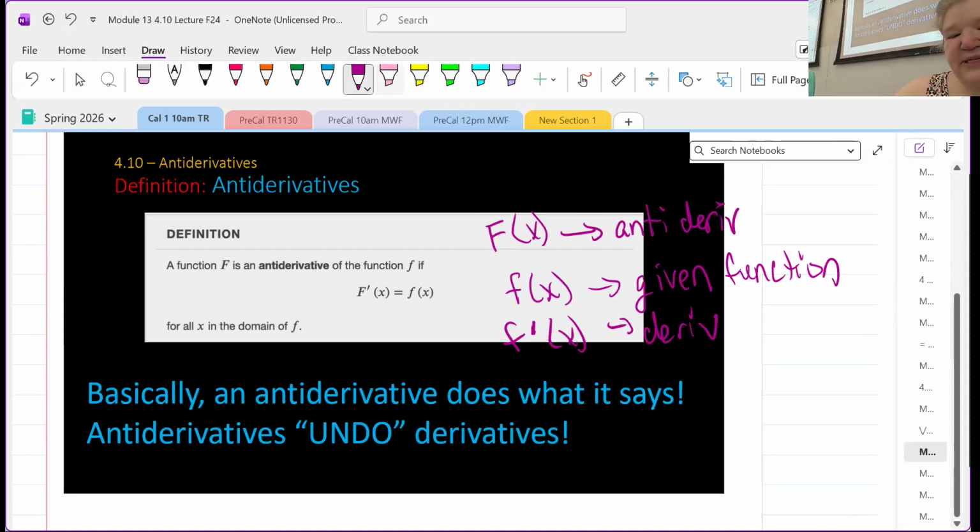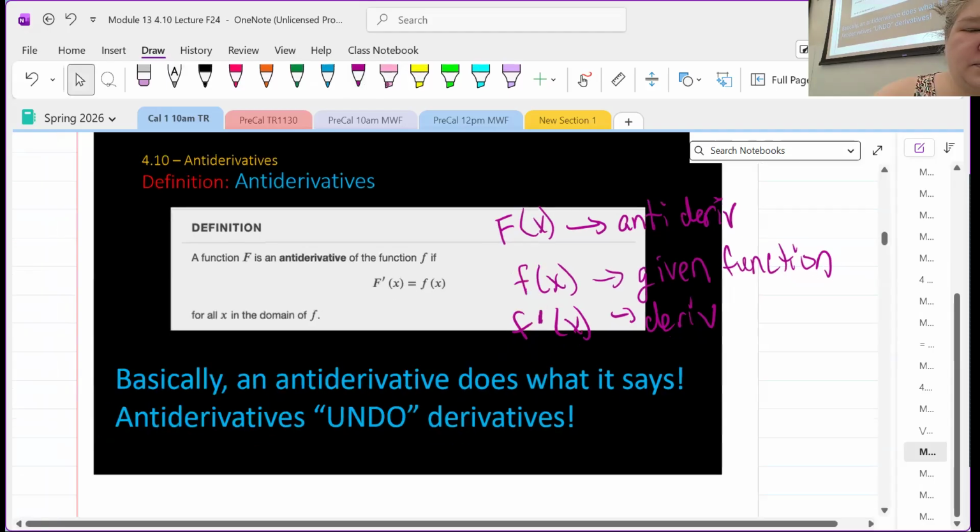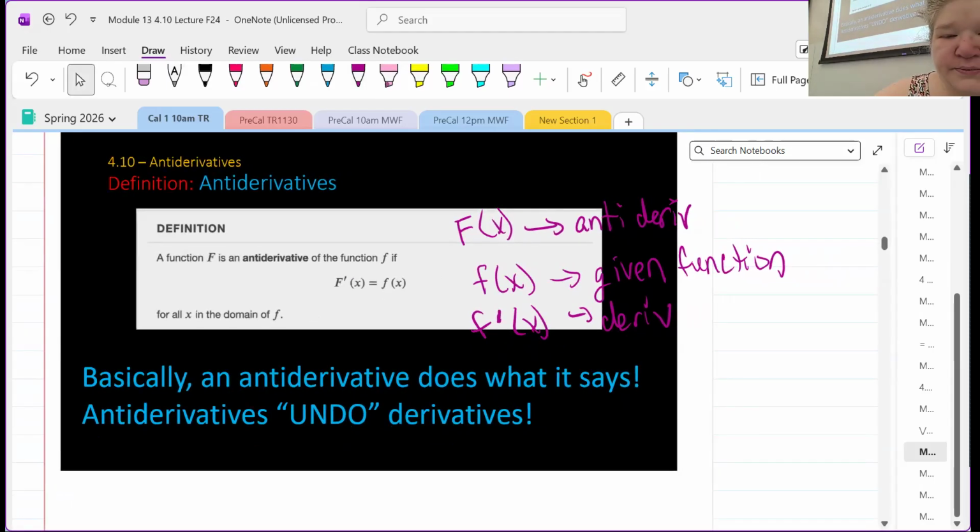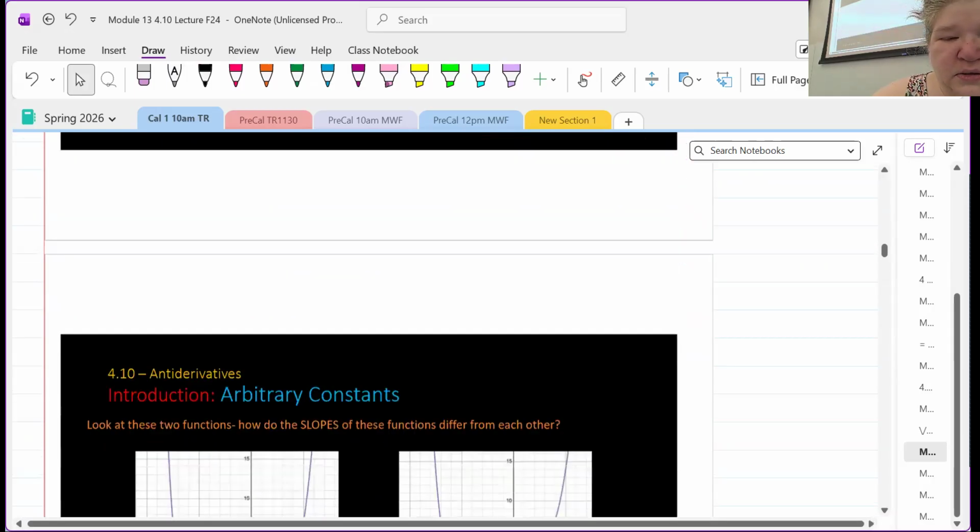So that's the accepted notation difference between them.